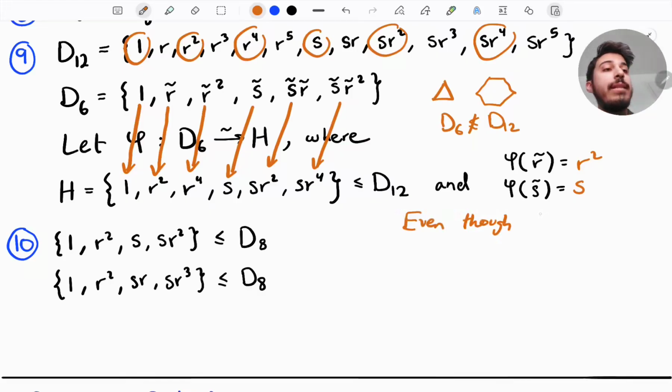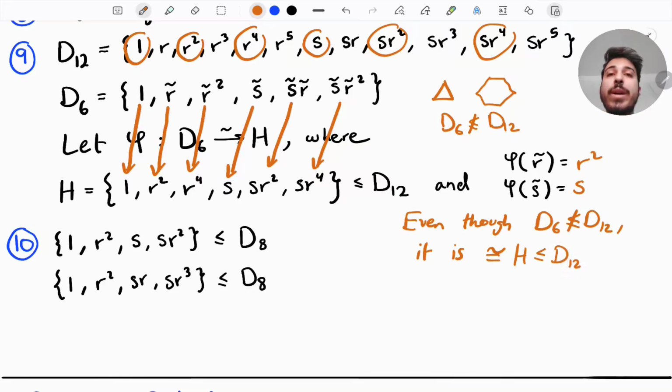So even though D6 is not a subgroup of D12, it is isomorphic to a subgroup H of D12. So it has the same structure as a subgroup of D12. It is not itself a subgroup, however, it has the same structure.